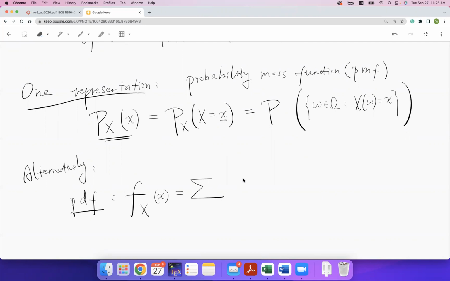Which is defined as a summation over the probability of the random variable taking each realization, multiplied by this delta function.